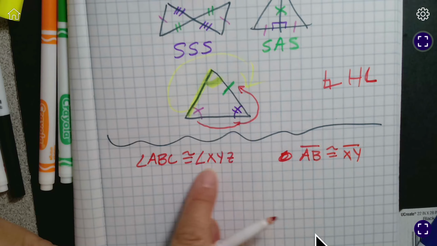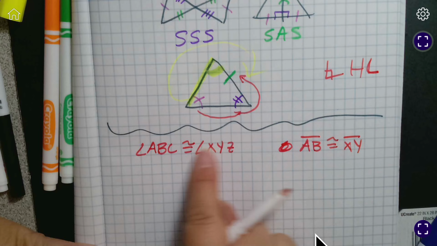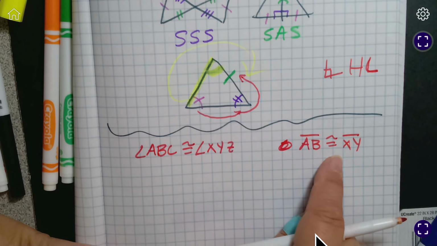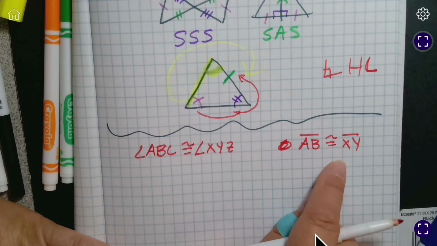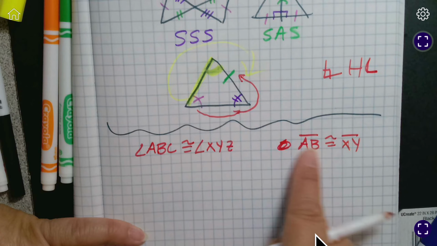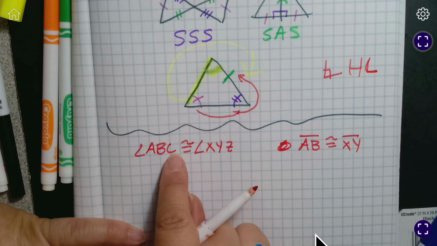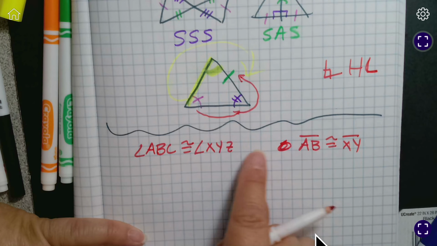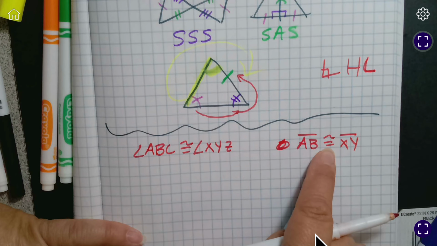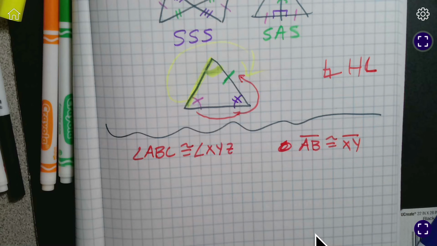And you need any combination of three of these to be able to show the triangles are congruent, which is what we're trying to do. It can be three of these, or two of these and one of these. Really, when you start, it's not going to matter. You just find them.